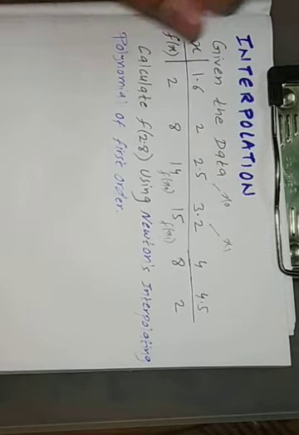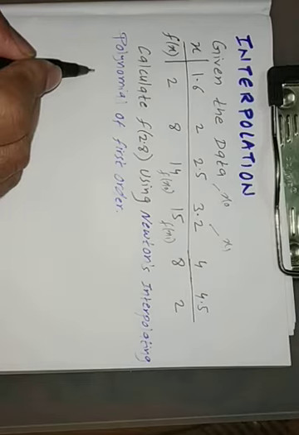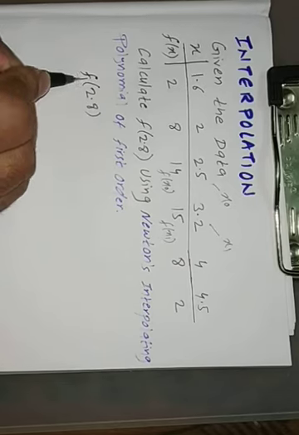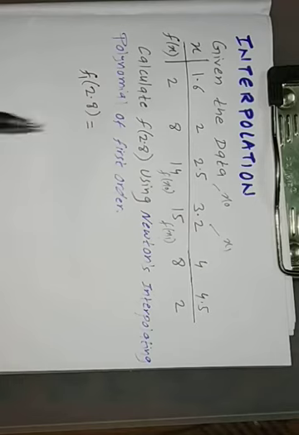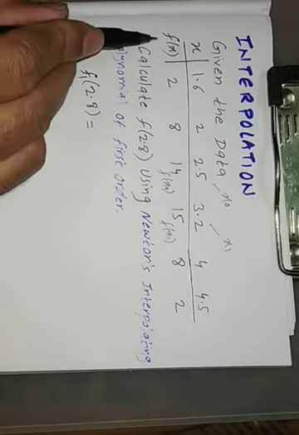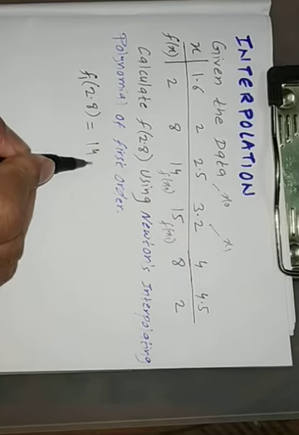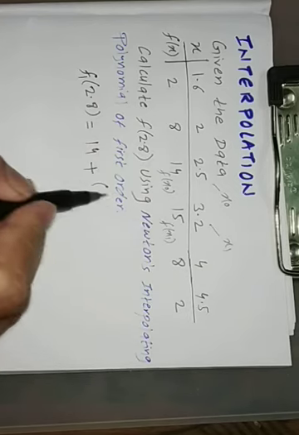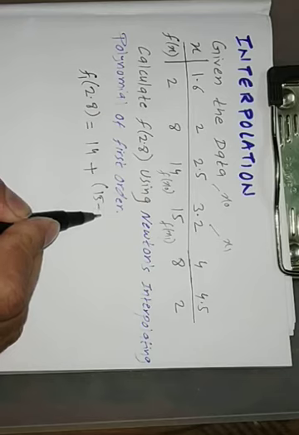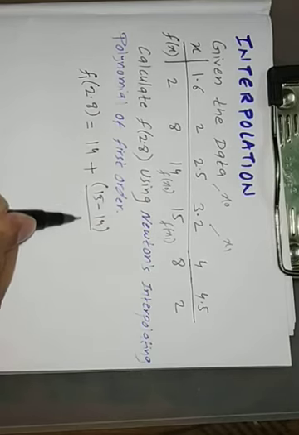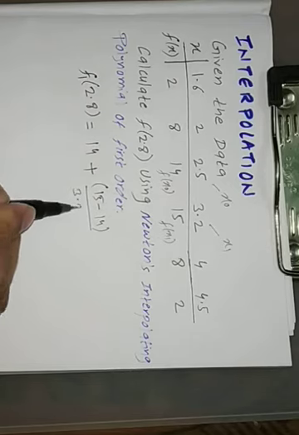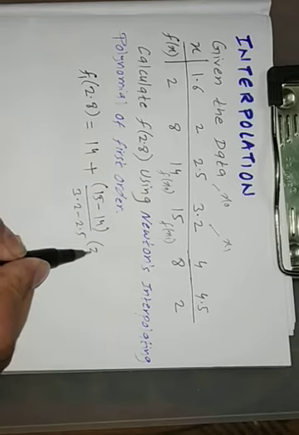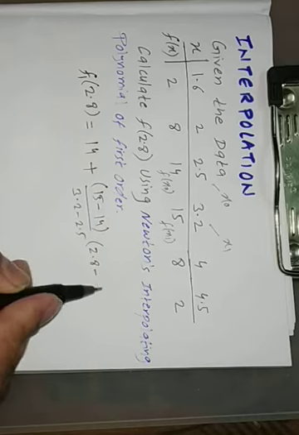So what is to be done? We will use the equation: f1 of 2.8, that is first order, is equal to f of x0, which is 14, plus f of x1, 15, minus f of x0, 14, divided by x1 minus x0, so 3.2 minus 2.5, into x, so x is 2.8 here, minus x0, so x0 is 2.5.